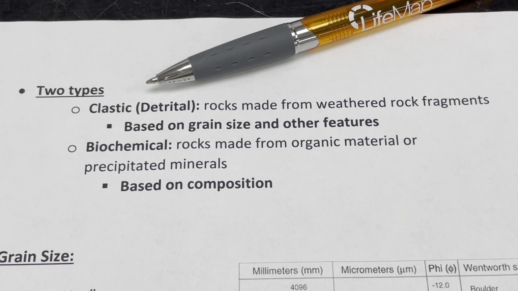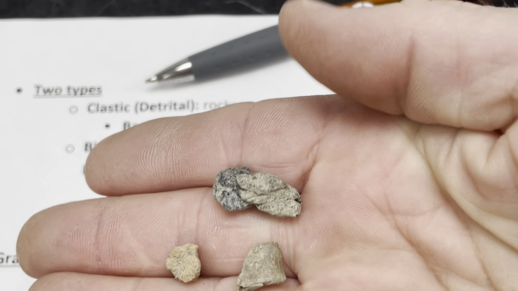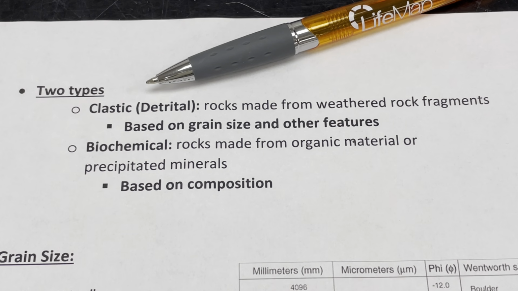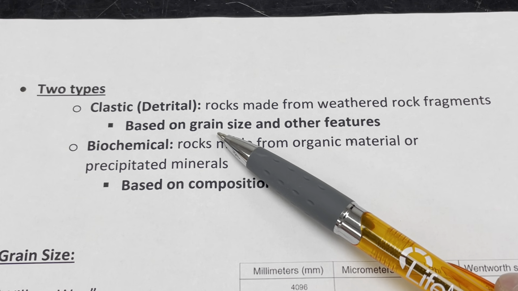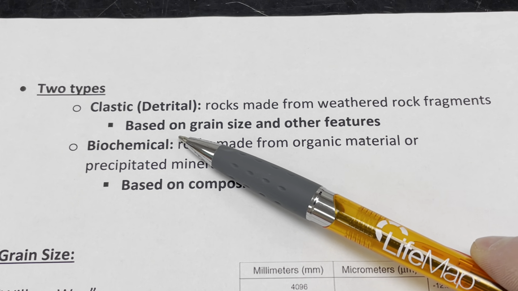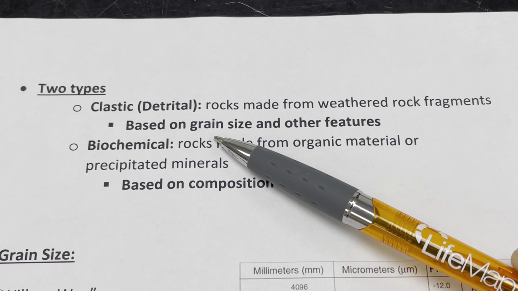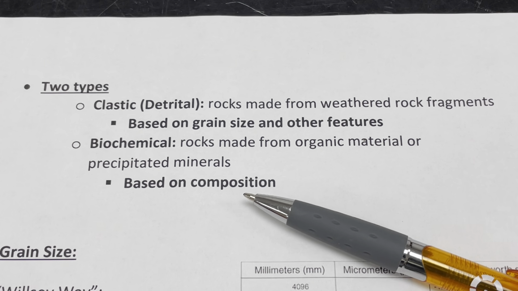So chunks of rock that are broken down from existing rocks and then get deposited and then get cemented or lithified together to form some type of sedimentary rock. These groups of rocks, we're going to mainly focus on the size of the grains and a few other features. That's going to be our main criteria for classifying the clastic rocks, is focusing on the grain size. Is it large or small? And we'll go over that here in a second as we continue on.